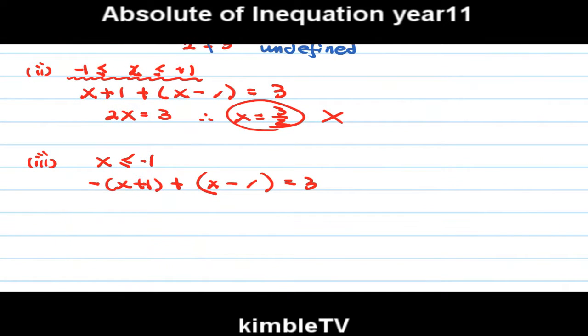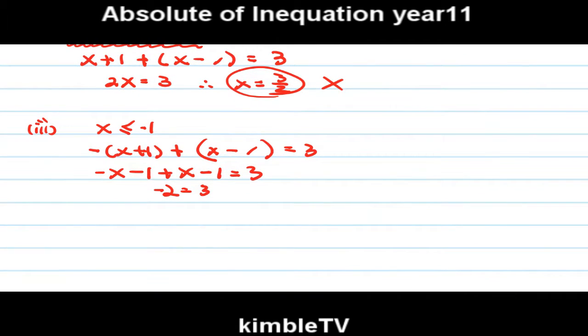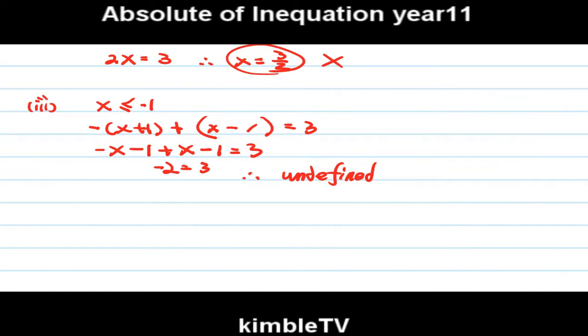Expand: minus x minus 1 plus x minus 1 equals 3. Cancel. Minus 2 equals 3. Unbalanced, both are different, not the same. Therefore, this will be undefined. The answer is undefined.